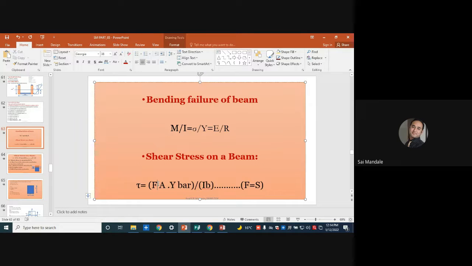Sometimes in some books it is mentioned as F is equal to S A y bar upon I b. So irrespective of the book you refer to, you can write S A y bar upon I b or F A y bar upon I b. Please write down F A y bar upon I b.